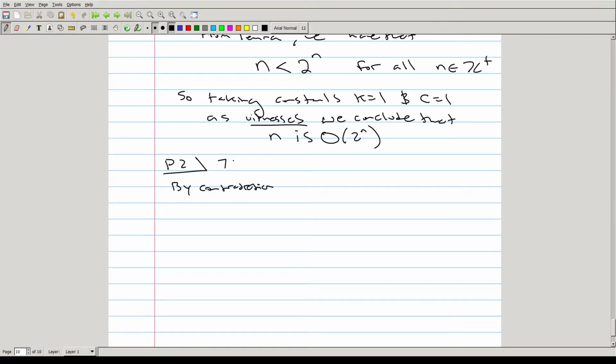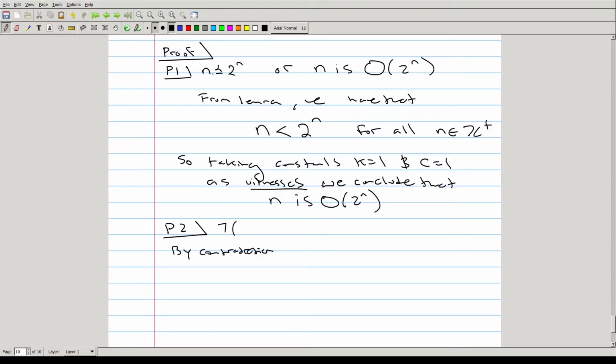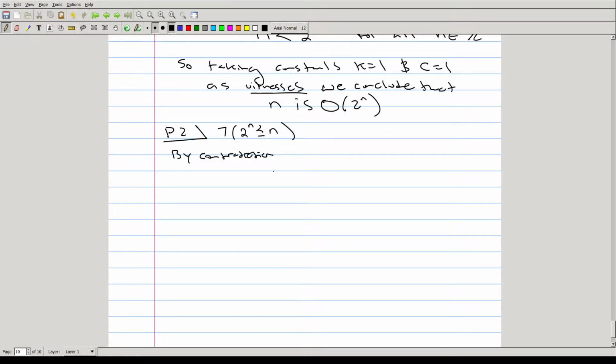So we have to show that despite the fact that n is dominated above by 2 to the n, 2 to the n is not dominated above by n. And we'll do this by contradiction.